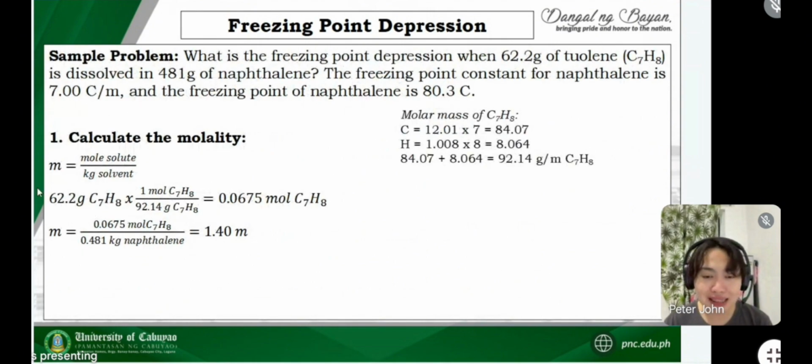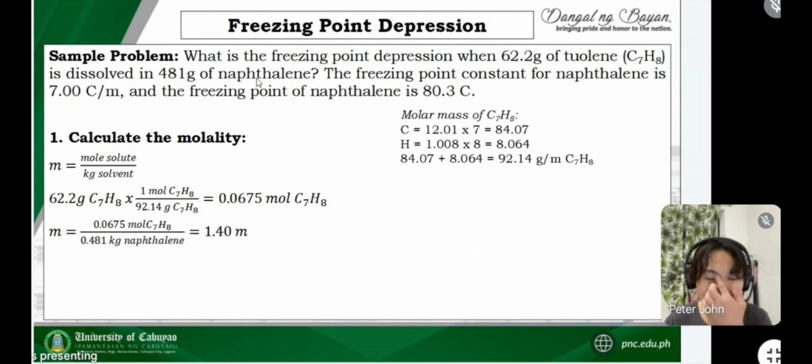What is the freezing point depression when 62.2 grams of toluene is dissolved in 4.81 grams of naphthalene? So, in this case, class, hindi water yung nagiging solvent natin. So, ibig sabihin, we don't know exactly what is the freezing point of naphthalene.